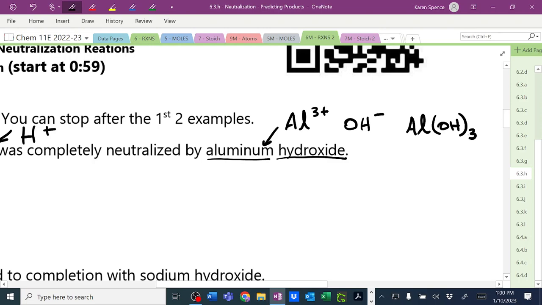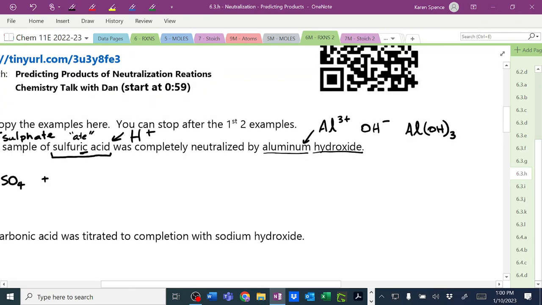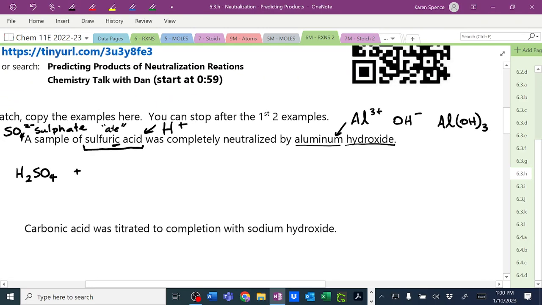Al(OH)3. Okay. So we now have H2SO4 and we have Al(OH)3. Those are our reactants.